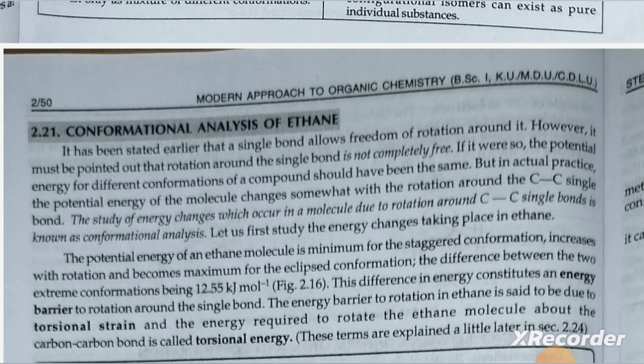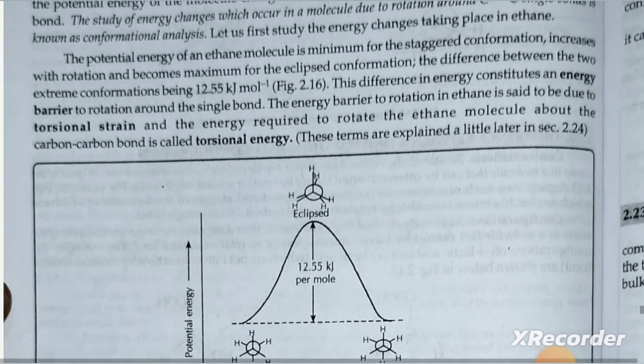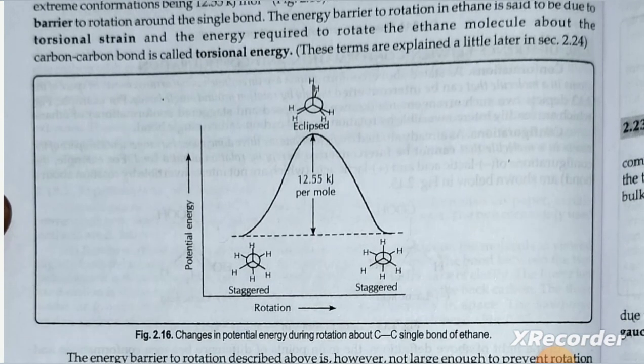The energy barrier to rotation in ethane is said to be due to torsional strain, and the energy required to rotate the ethane molecule about the carbon-carbon bond is called torsional energy. The terms are explained a little later in section 2.24. Figure 2.6 shows the change in potential energy during rotation about the carbon-carbon single bond of ethane.